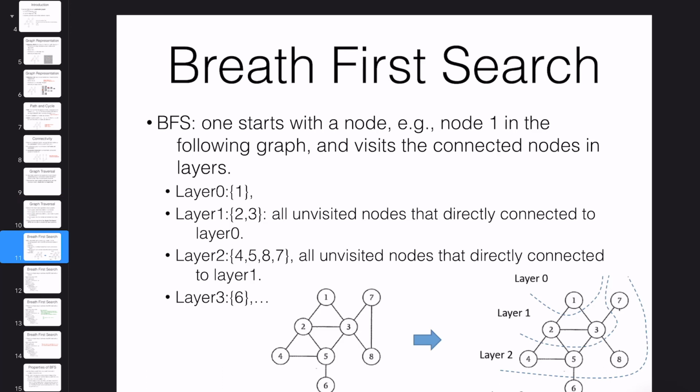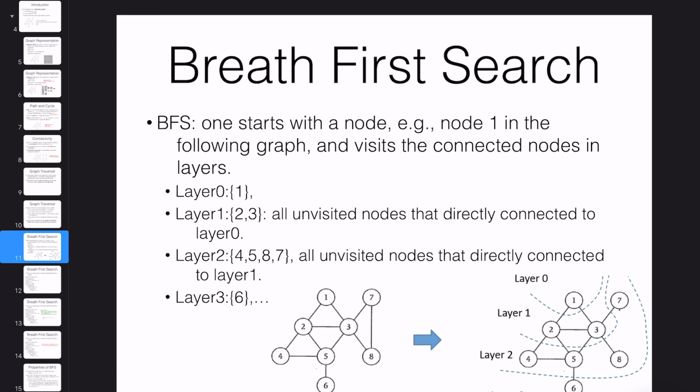So what is the breadth first search algorithm? The whole idea is that you start from a node and you want to visit all the other nodes, and you visit the rest of the nodes level by level based on the distance to the original node, the first node that you started at. So here, assume you want to start from node 1.